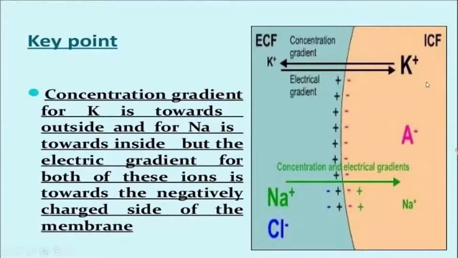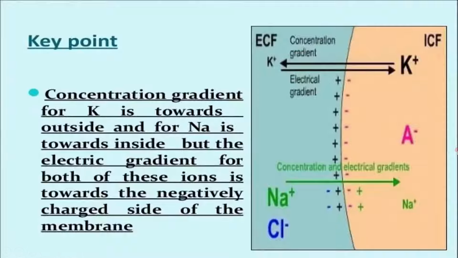We have seen that potassium is more in the ICF, while potassium is less in the ECF. So according to the concentration gradient, what will happen? Potassium will try to move from inside the cell to outside the cell. This is due to the concentration gradient, so this force is acting in this direction. Now you see the inside of the membrane is negatively charged, so the electrical gradient is opposing the concentration gradient.